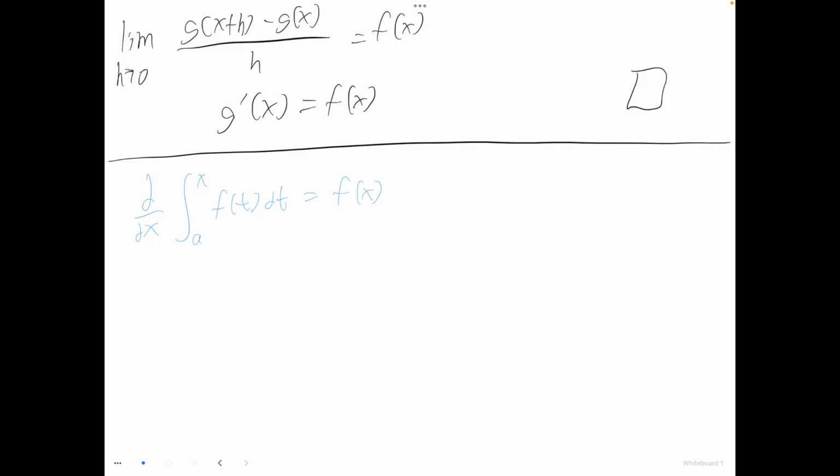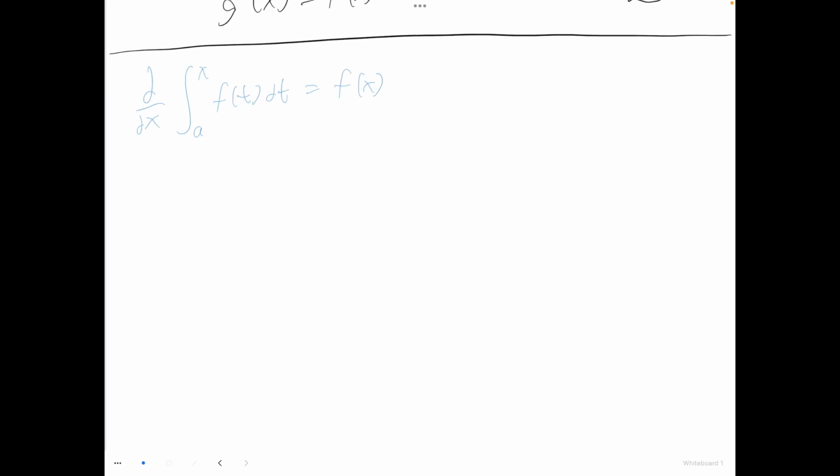So it's basically saying the derivative of an integral is the integrand. So they undo each other in this order when you do the derivative of an integral. That's what the Fundamental Theorem of Calculus Part 1 basically is saying. It's a little bit more complicated than that, but that's the general idea.